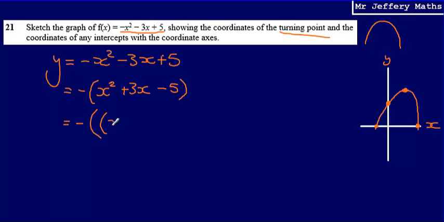And I'm going to say that this is going to be x plus 1.5 squared. Then, I've just halved that middle term, halved the coefficient of x, and said that this is x plus 1.5 all squared. Then that minus 5 is going to stay as it is. And I also need to subtract the square of the term that I just halved. So I'm going to subtract 1.5 squared.